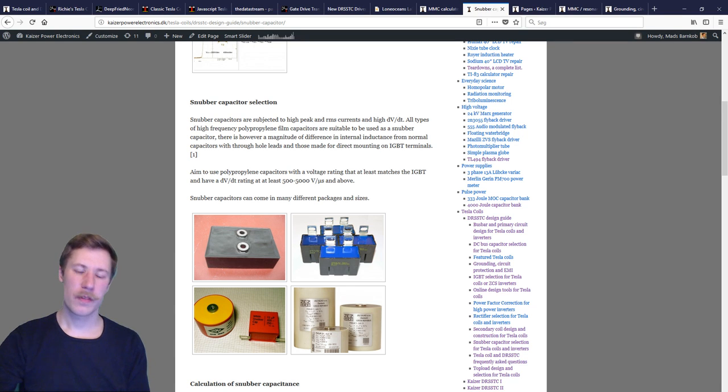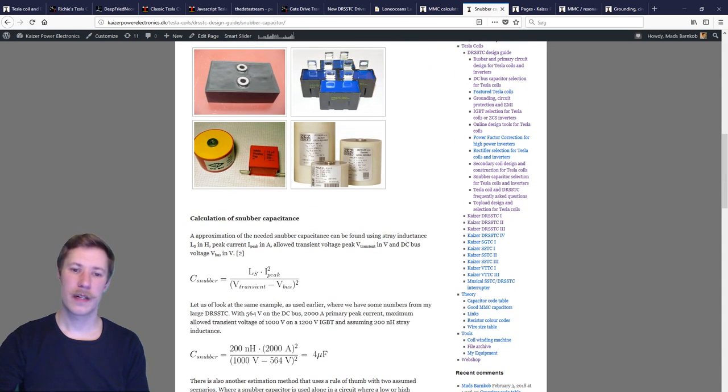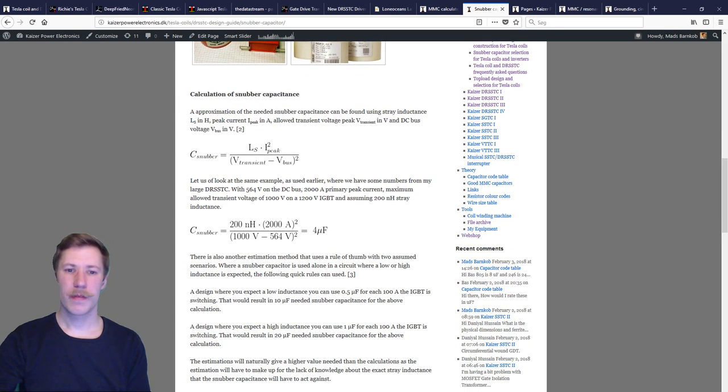Now, most of the time you do not need more than just a simple capacitive snubber in your inverter. So there's really no need for, for example, an RCD snubber or just an RC or something like that. I give a few very basic guidelines on how to choose your snubber capacitance.